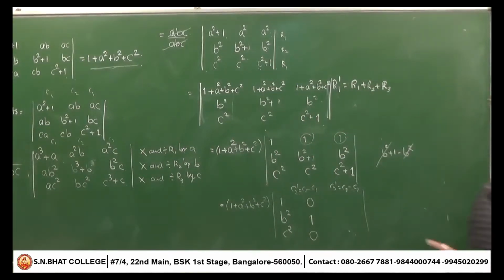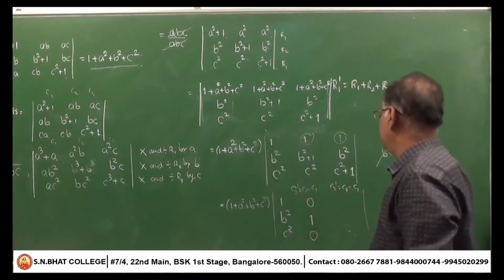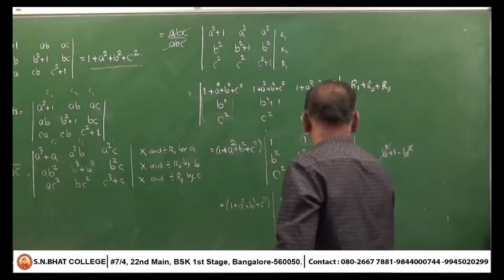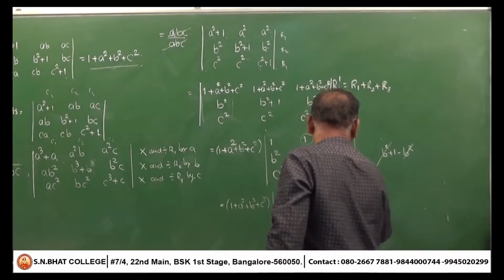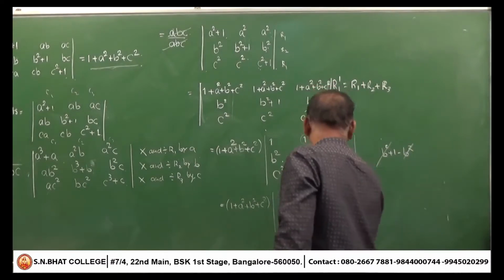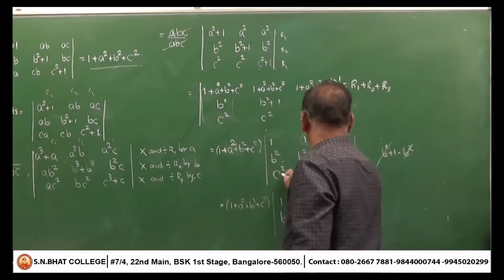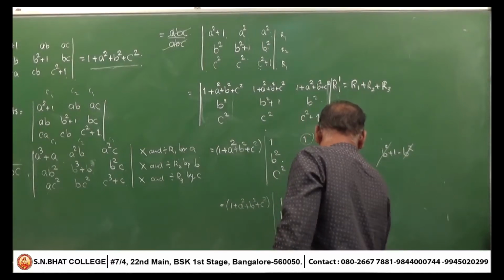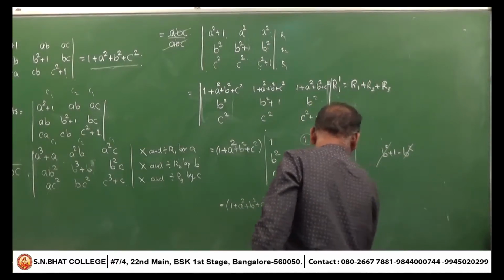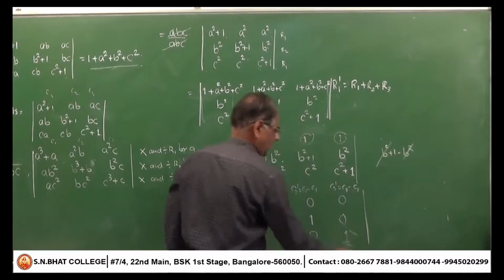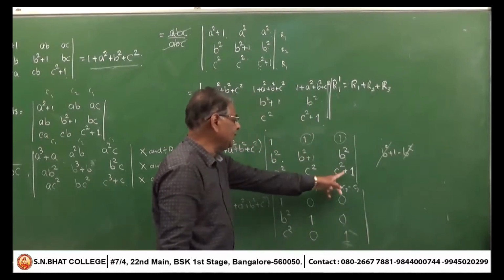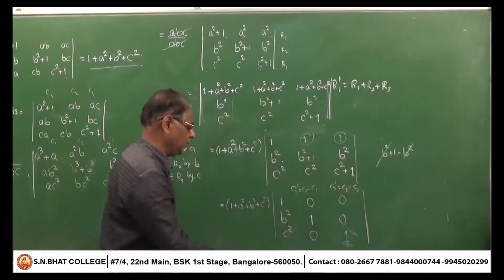C2 dash is C2 minus C1. C3 dash is C3 minus C1 is 0. B square minus B square is 0. This minus this is 1. This minus this is C square plus 1 minus C square is 1.